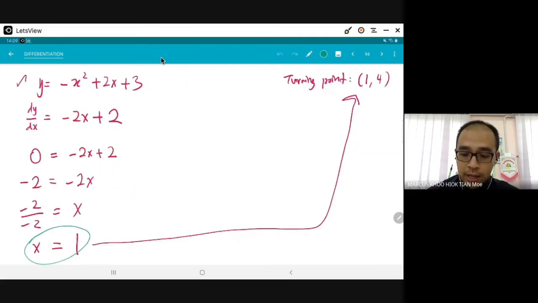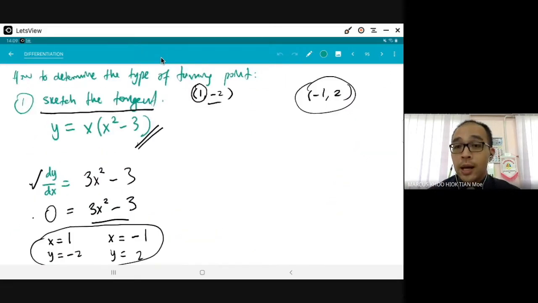And then on top of that, I also taught you how to determine the type of turning point. How you know whether the turning point that you count is a maximum turning point or a minimum turning point. So the first method we learned was to sketch the tangent. We calculate the dy/dx, we differentiate the equation, then we make dy/dx equal to 0, because the condition for a turning point is that dy/dx must be equal to 0.